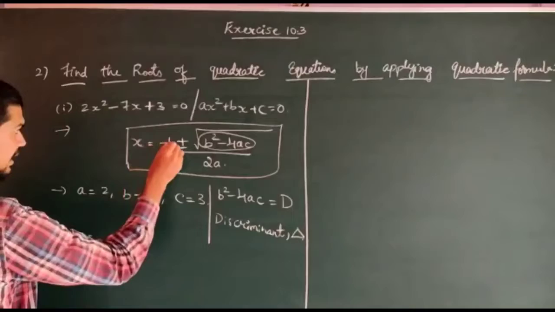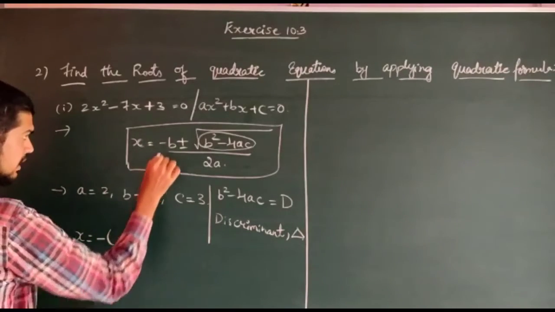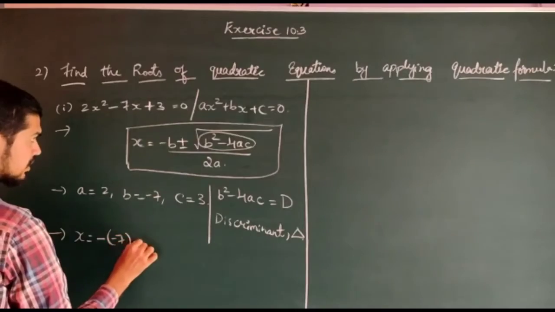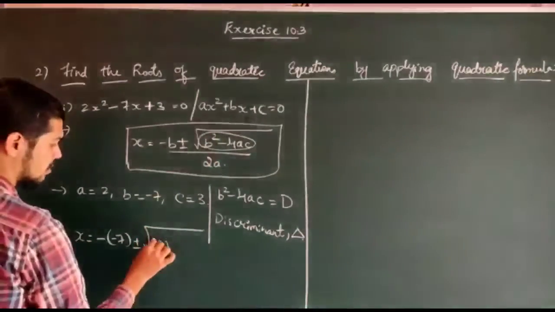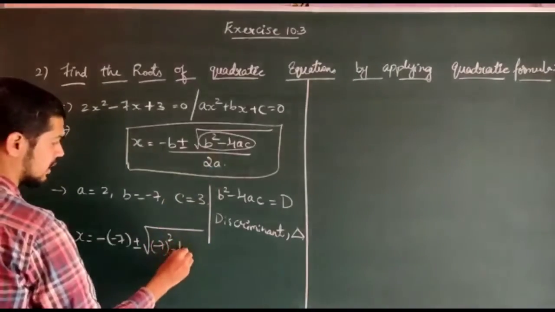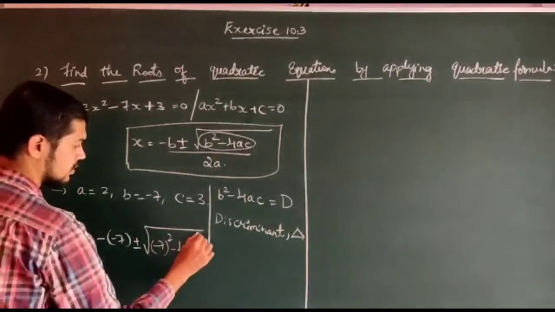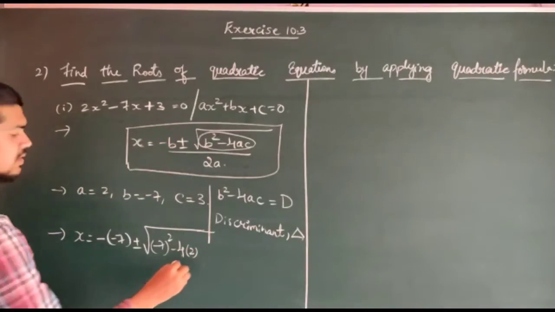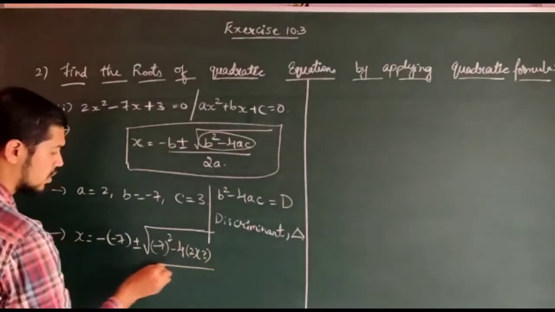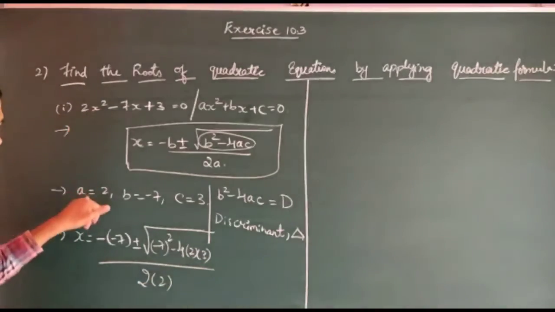So I'll substitute over here, that is, minus b is minus 7, plus or minus root of b square, that is minus 7 square, minus 4 into a, which is 2, and c. What is c? c is 3, whole divided by 2 into a, which is 2 into 2.